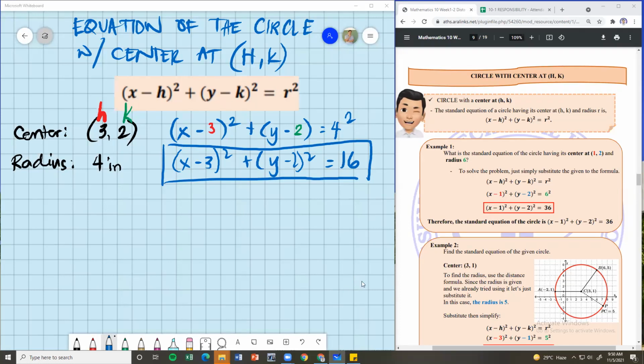Very good. That was so simple. However, this is what we call the standard form. Ito, ang tawag natin dito, standard form.